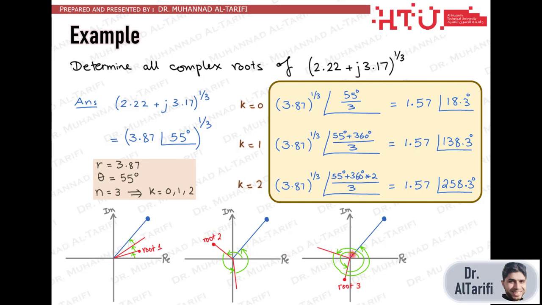While for the third root, 2 full rounds are completed before reaching the same blue vector again. Regardless of the path, all these roots yield the same outcome when raised to the power 3, which makes them all valid root solutions to the same outcome.